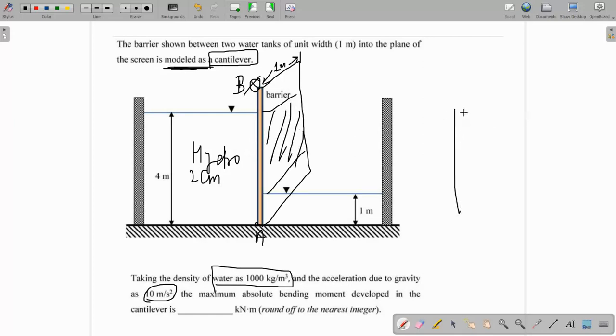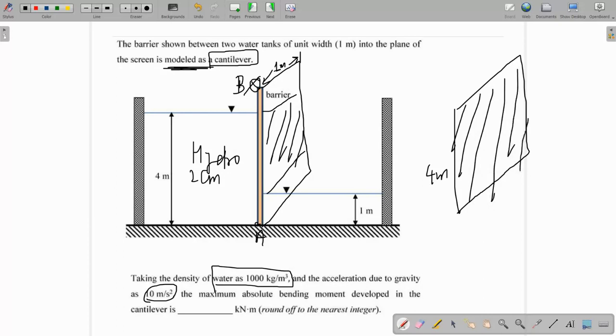For example, this is the barrier, and this height is suppose 4 meter. So this is the projected area. We can assume all the force is concentrated at the CG of the projected area, that is 2 meter.